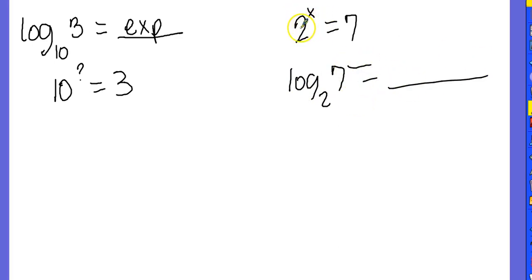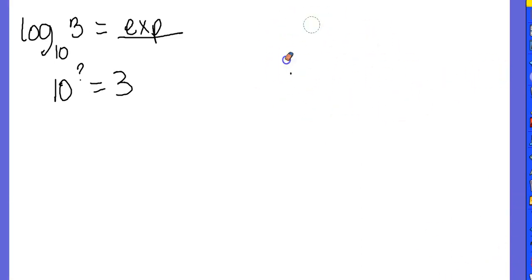It'll tell me what it is. So logs are really useful when it's difficult to find the exponent in exponential form. Okay, so I just wanted to remind you that that's what we're working on. Today we'll be finding the exponent that is found from solving a log expression.